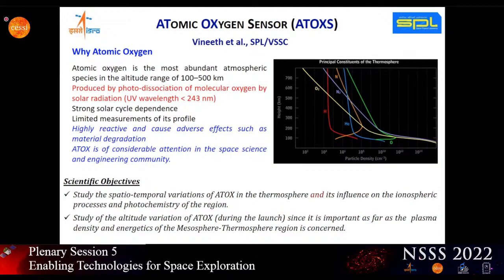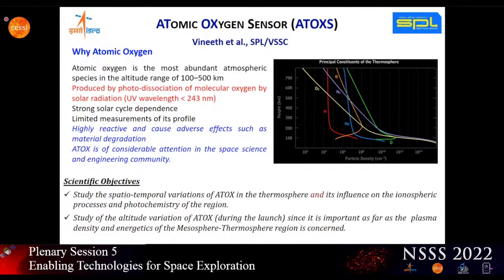And what is most important is that it is highly reactive and causes adverse effects such as material degradation. It is important, with a lot of applications in satellite design material itself, because of the reactive nature and the adverse effects that it can produce. And it has received considerable attention in the space science and engineering community.